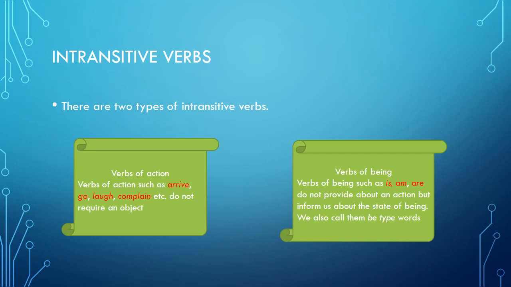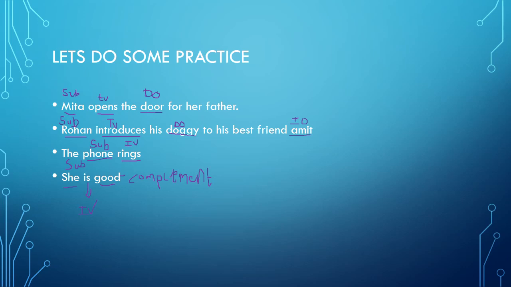And verbs of being like is, am, are, all these do not provide information about an action but inform us about the state of being. Yes, and that's why they are called intransitive verbs and also be-type words. Yes, we will take a look at a few examples. Let's get started.